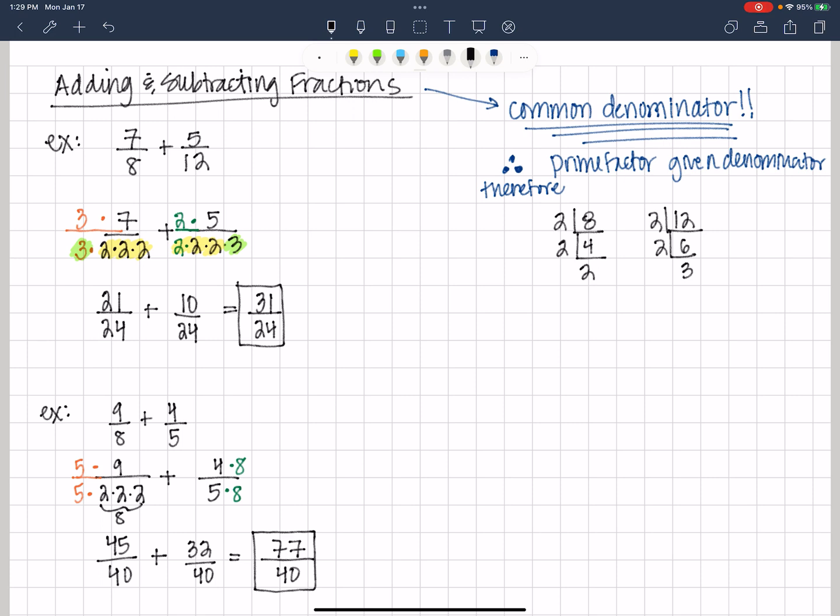And there's our answer. Now, we always need to check to simplify your fraction.